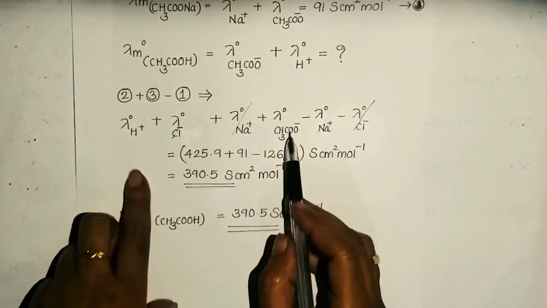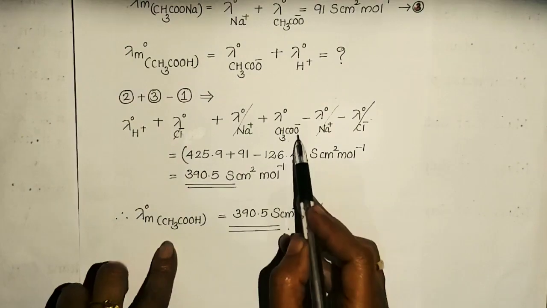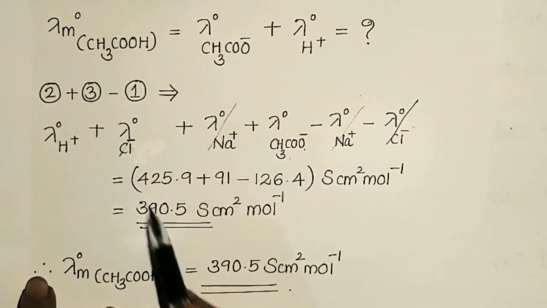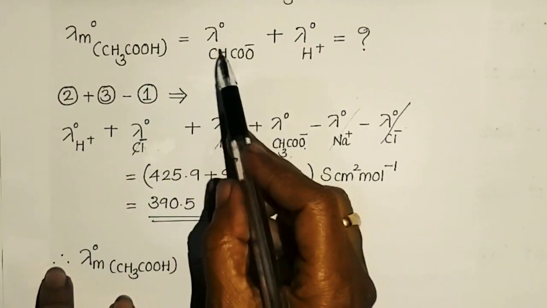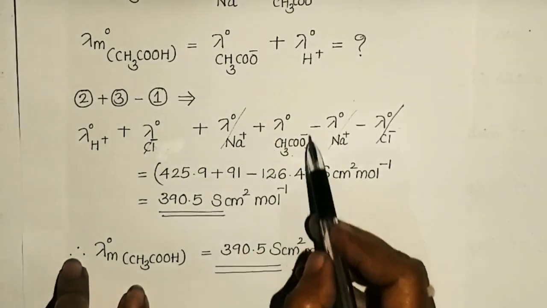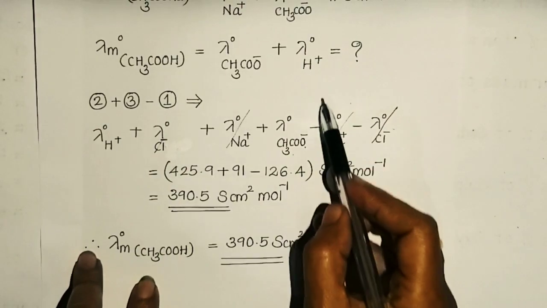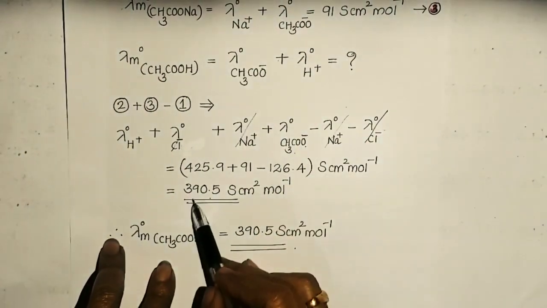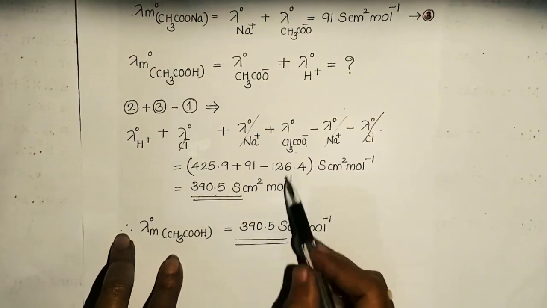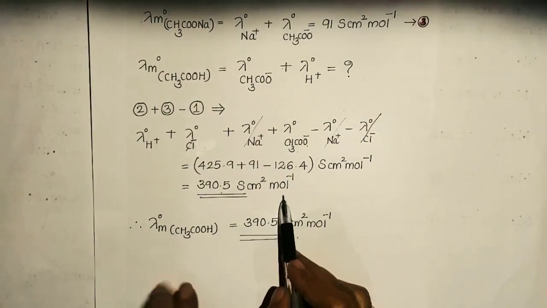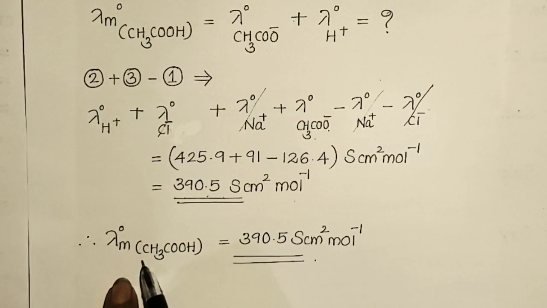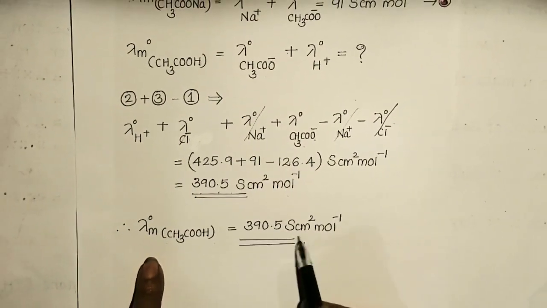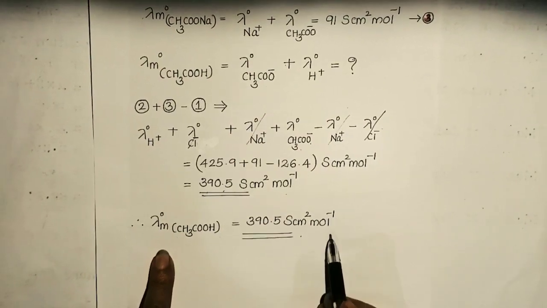Then the remaining are lambda 0 of CH3COO- plus lambda 0 of H+, which is what we need, and it is equal to 390.5 Siemens centimeter square mole inverse. So the limiting molar conductivity of acetic acid is equal to 390.5 Siemens centimeter square mole inverse.